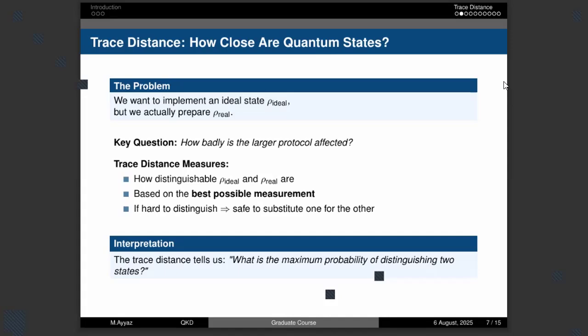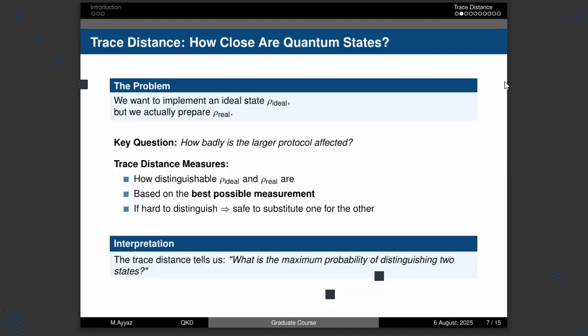The trace distance measures how distinguishable the two states are. If the trace distance says that there is a very small difference between the two states, then we can use rho real without any hesitation.